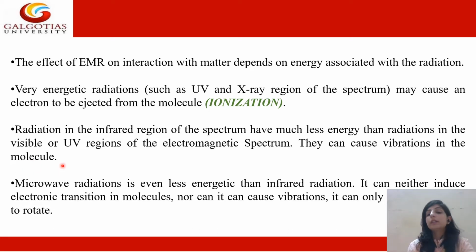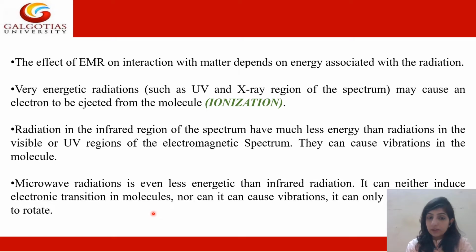The total energy, E total, is equal to the sum of translational, vibrational and rotational energy. So highly energetic radiation can produce changes in the overall energy as it is highly energetic. Less energetic radiation like IR radiation can only produce vibrations in the molecule.